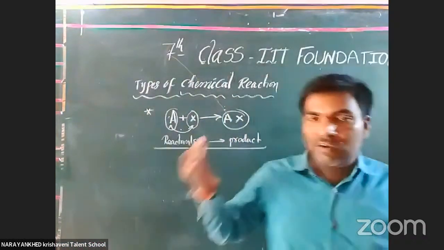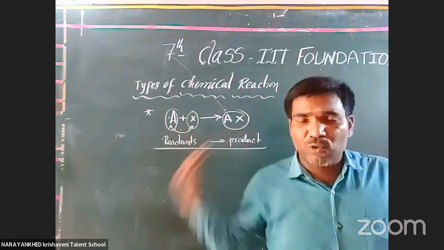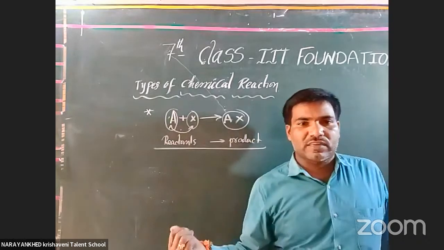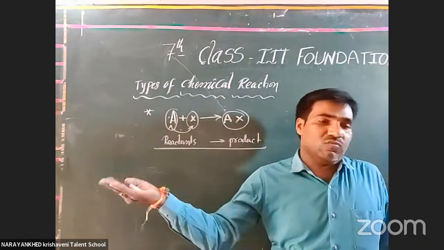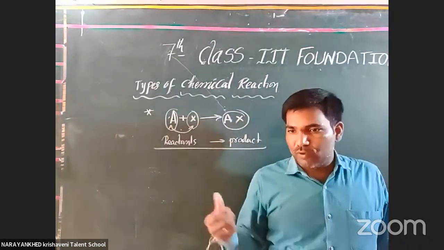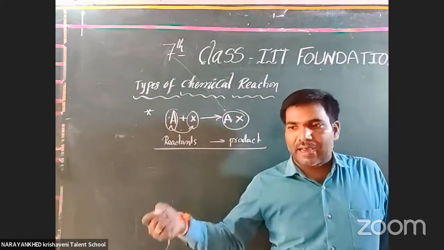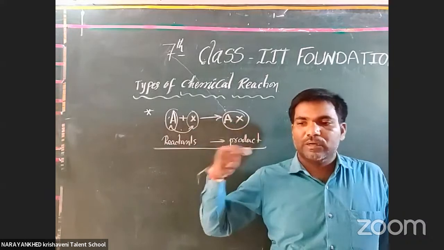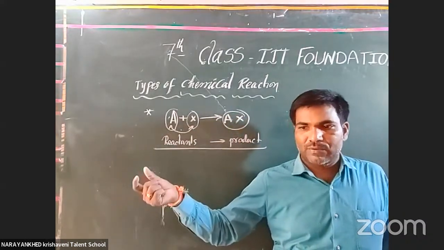Take our photosynthesis reaction. In the photosynthesis reaction, there is chlorophyll. That chlorophyll, in the presence of carbon dioxide and sunlight, produces glucose or fructose and similar things.